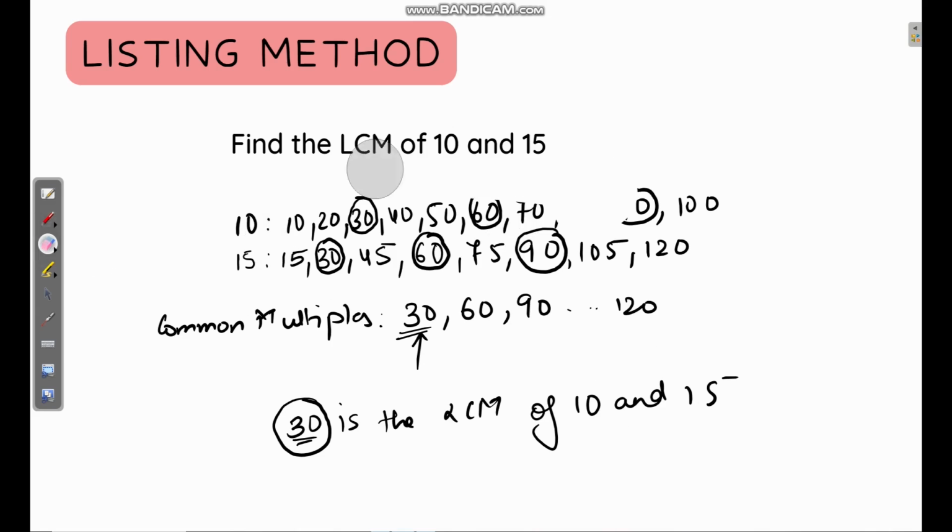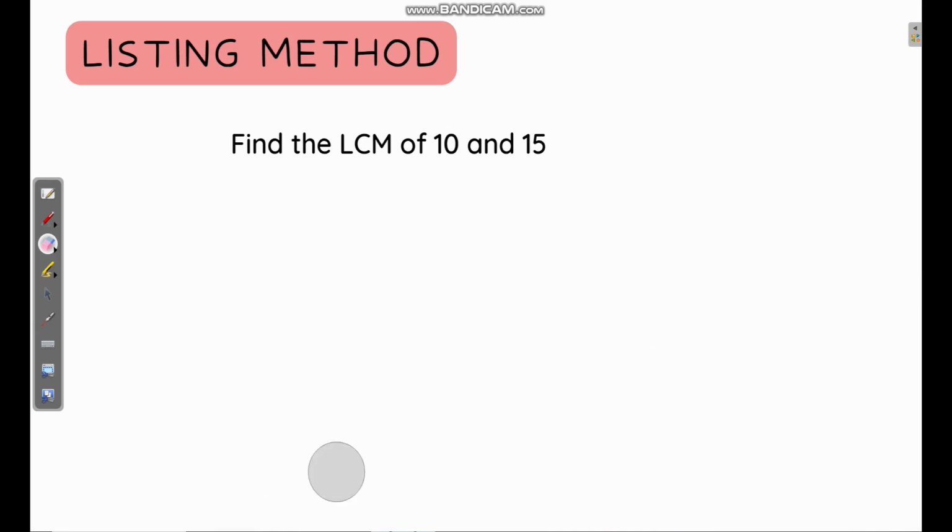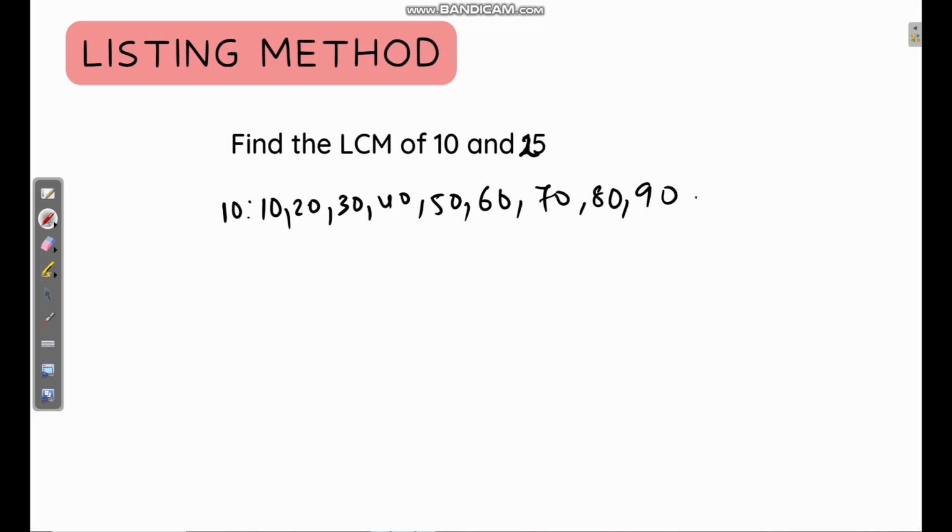So let's move on to the next example. Let's change the number over here and find the LCM of 10 and 25. Let's find the multiples of 10: 10, 20, 30, 40, 50, 60, 70, 80, 90 and 100 and so on, 110, 120.